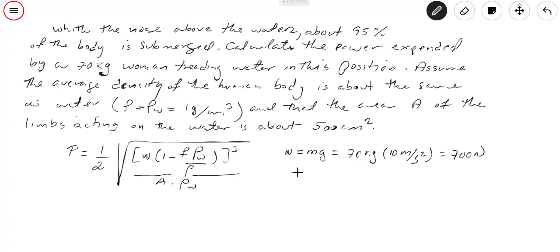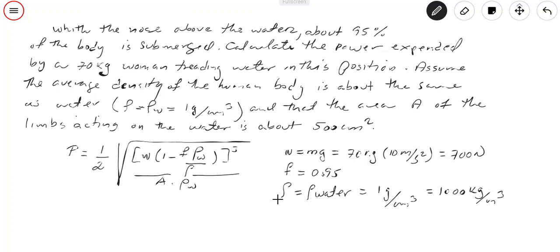We also know that the fraction of the body under the water F is equal to 0.95, because they say that 95% is submerged. We also know the density of the body is equal to the density of the water, 1 gram per cubic centimeter, which is the same as 1,000 kilograms per cubic meter.